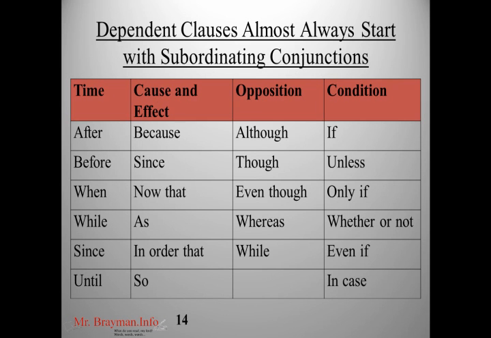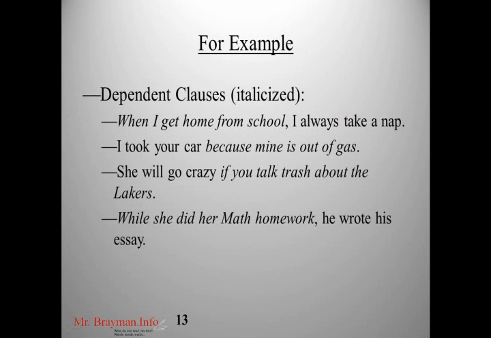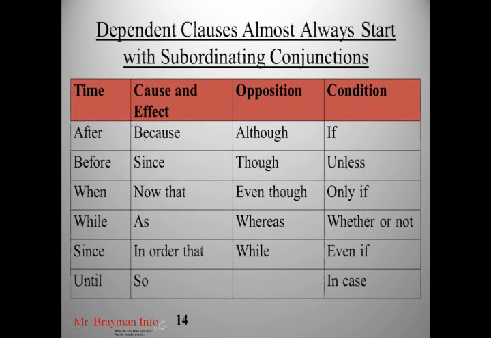Sometimes words like, well, we don't even really use "whereas" very much in English anymore, so I wouldn't really expect you to memorize that. But you should recognize that "because" and "after" and "if" are subordinating conjunctions, right? So let me back up a slide here, right? Notice each one of those dependent clauses starts with one of those subordinating conjunctions, okay?